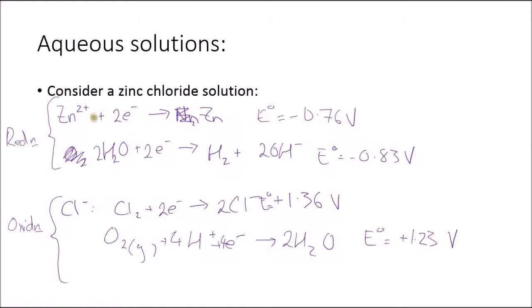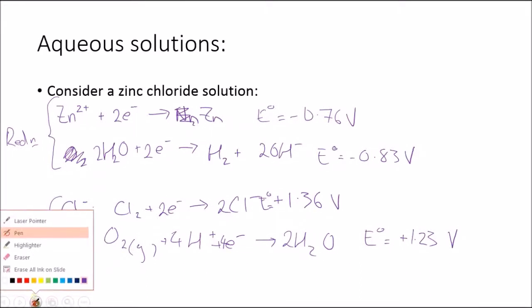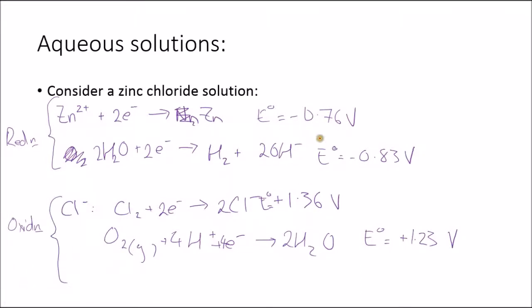So it's not obvious to me that the bottom reaction might be more or less favoured than the other one. The only thing that does tell us in this kind of case is the electrochemical series. So what we can see here is that this is a stronger oxidant, if you like, so it is more easily reduced than this substance here, which prefers to be reduced, if you like.